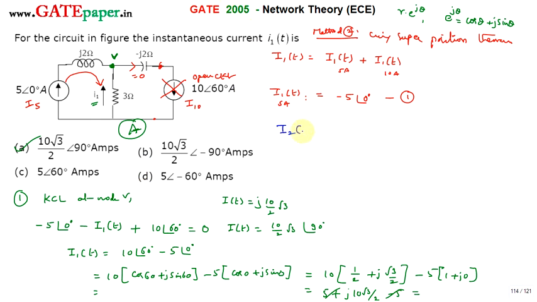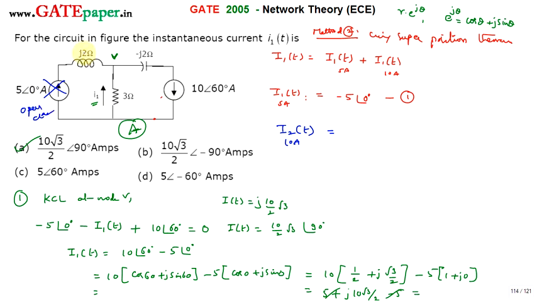Similarly, what is the value of I1 of t when 10 amperes is applied? When 10 amperes is applied, the 5 ampere current source gets open circuited because only one source should be considered at a time, so it acts as an open circuit.